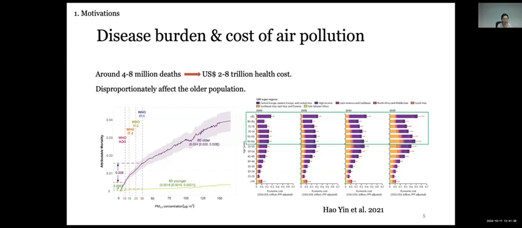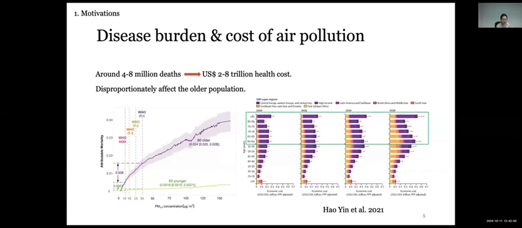For example, if the air pollution increased from 10 to 35 micrograms per cubic meter, the attributable mortality for the population older than 60 years old was more than 10 times larger than the attributable mortality for the population under 60 years old.